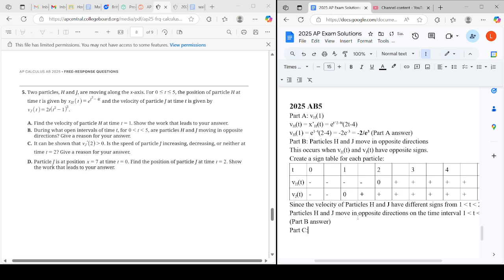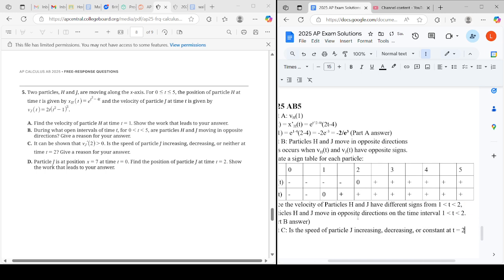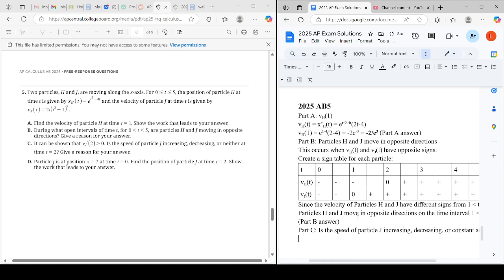And in part C, we're asked, is the speed of particle j increasing or decreasing or constant at t equals 2? For this, we need the acceleration. a sub j of 2 equals v prime sub j of 2.